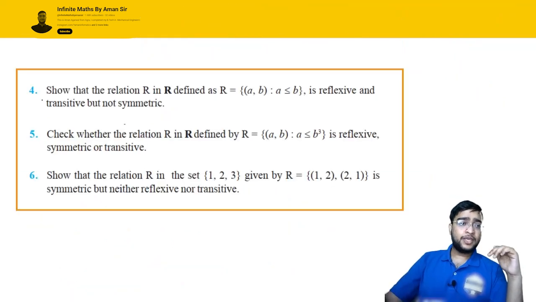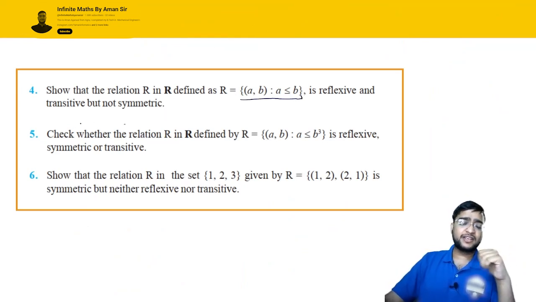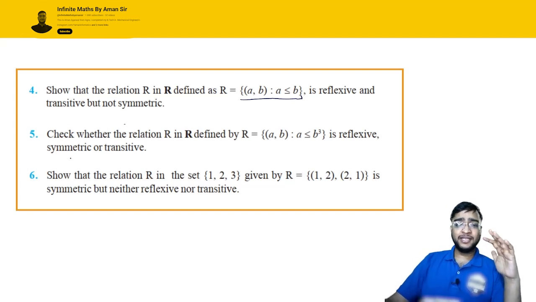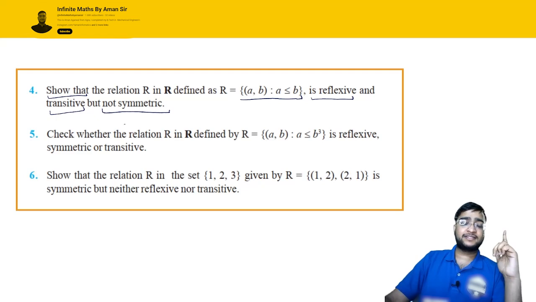Okay sir. If I take the fourth one here, it asks to show that the relation R in R defined as given is reflexive and transitive. Okay, so this is also very simple. You just show the reflexive one here, and the transitive one here, but not symmetric.